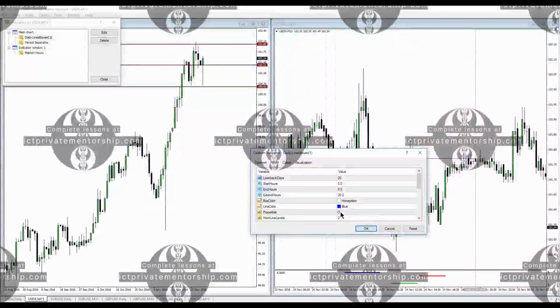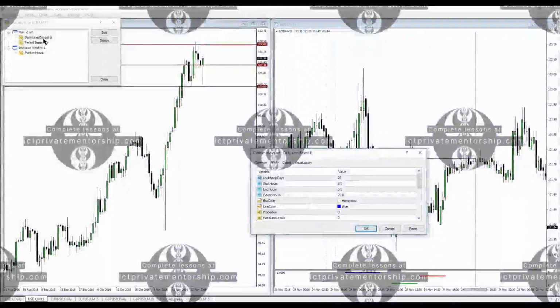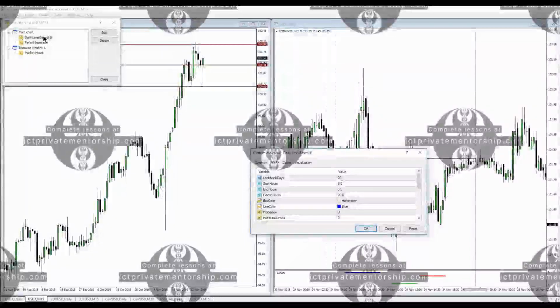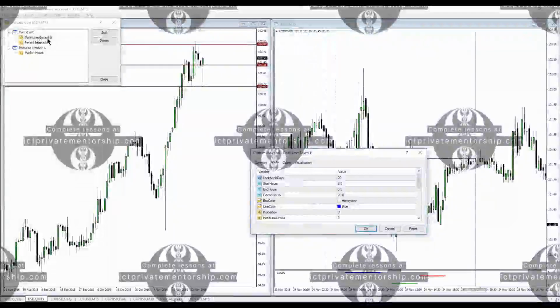That's why I linked you to where I got it from. You can get this daily lines boxes. The reason there's parentheses around one is that I created a copy of it on my computer, and I ended up grabbing this one to use. But the indicator is daily space lines boxes, all one word.